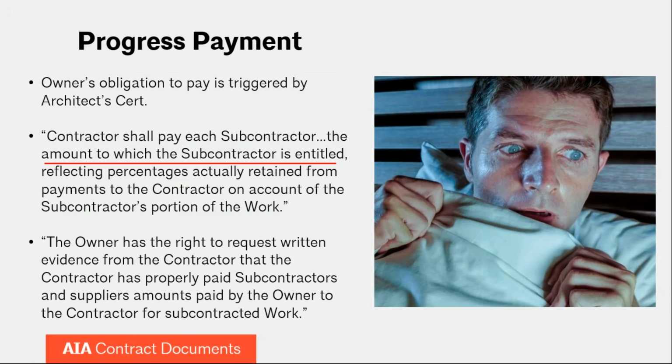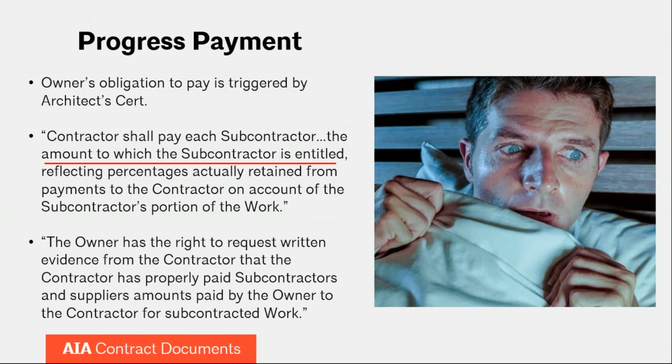The next step in the payment process is for the owner to make payment. Once the architect has certified the application for payment and submitted it, the owner is then obligated to pay the contractor in accordance with that certification. And once paid, the contractor has an important responsibility.